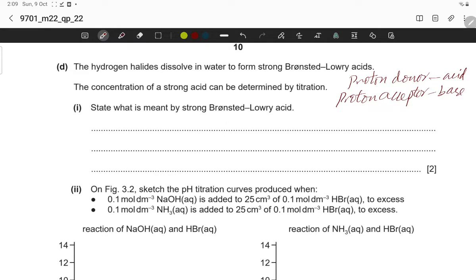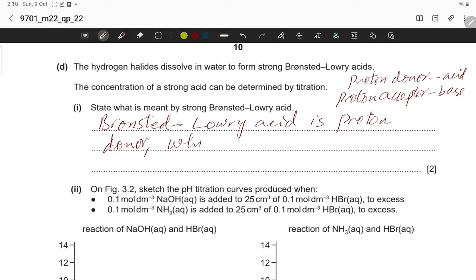So a strong Bronsted-Lowry acid is a proton donor which is completely ionized in aqueous solution.